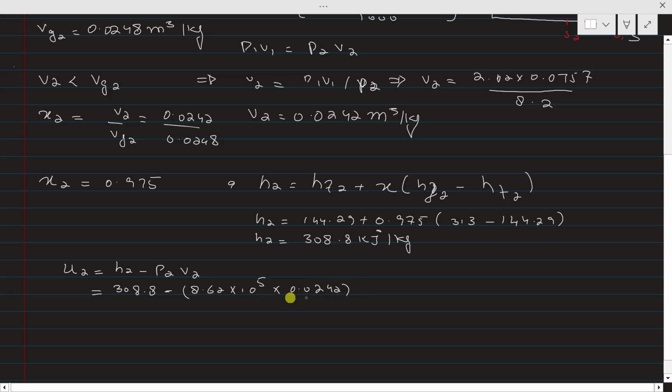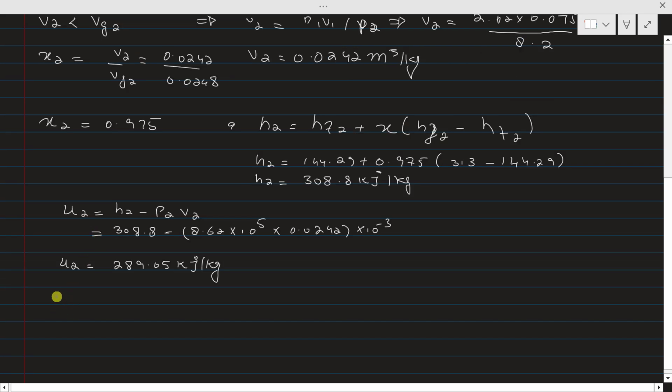To convert this whole term into kilojoule, multiply with 10 to the power minus 3, and you will get the final internal energy U2, that is 289.05 kilojoule per kg.